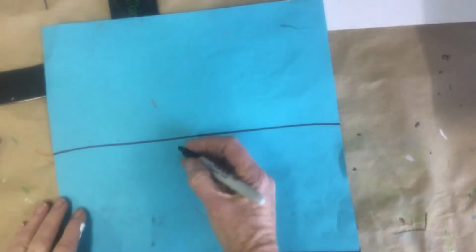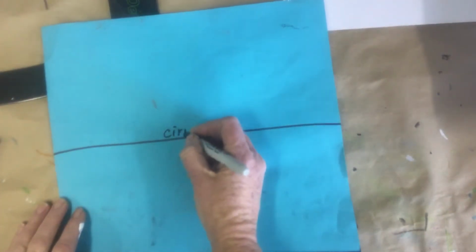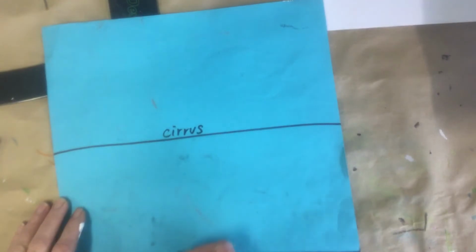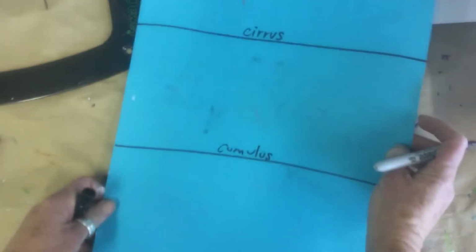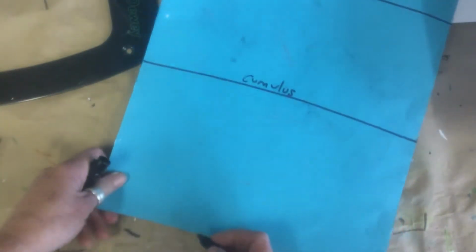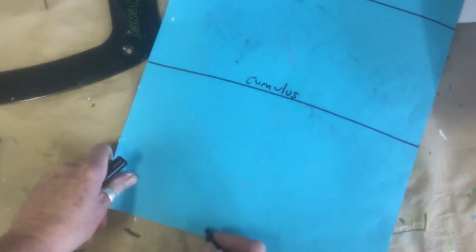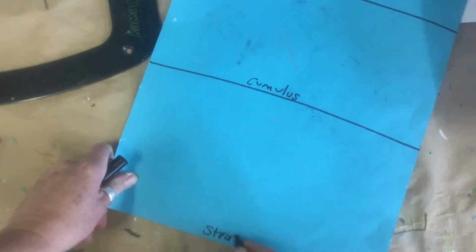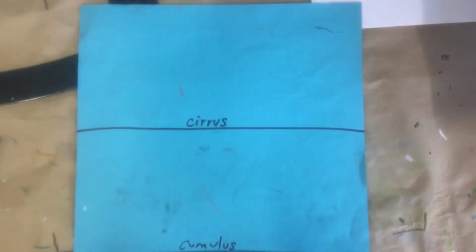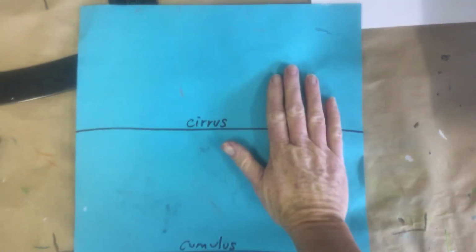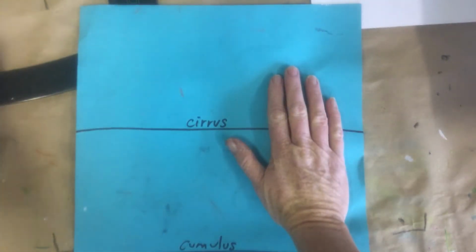All right, we're going to start with the cirrus clouds, and then we will do the cumulus, and then what's the last one? Stratus.